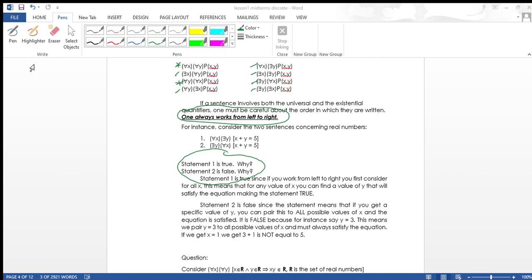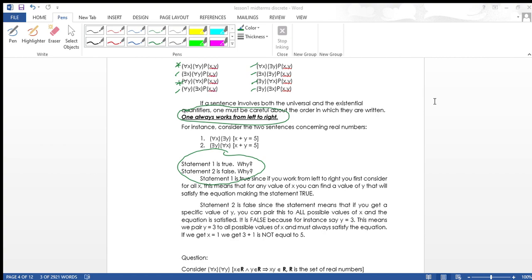According to the answer there, this proposition given these quantifiers will be true. Okay, will be true.